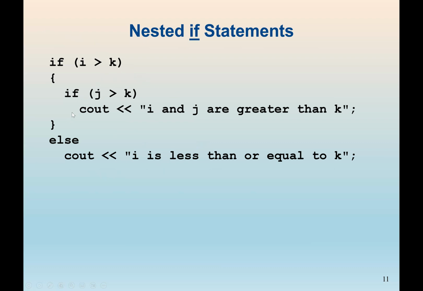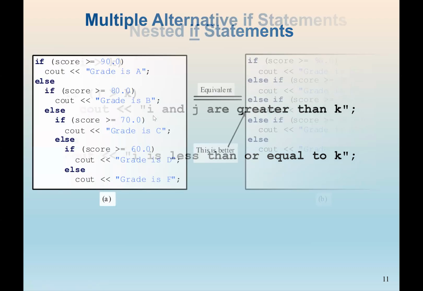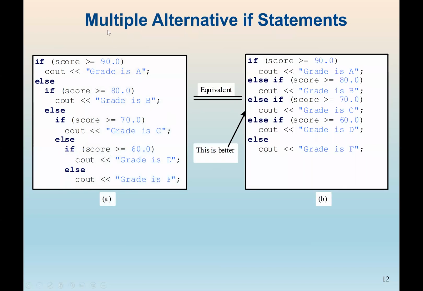Or if we like, we can put else after if j greater than k, inside the if. Then that means if this condition is false, the second condition will print.